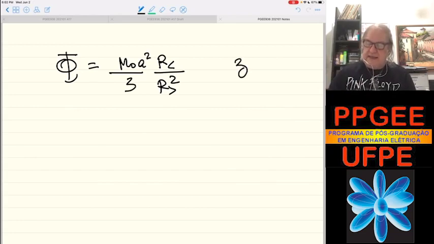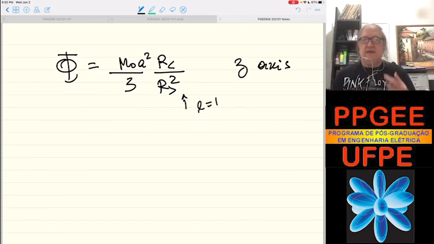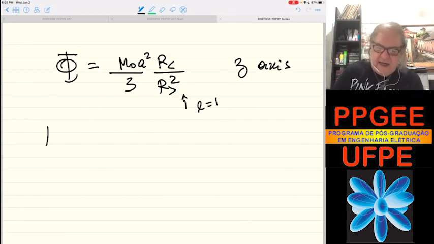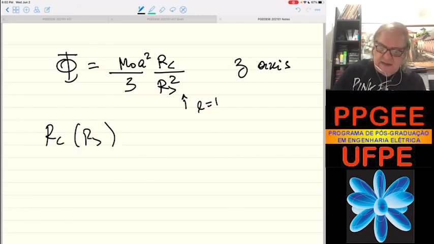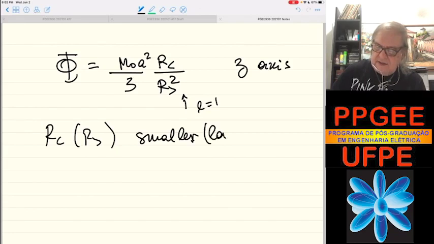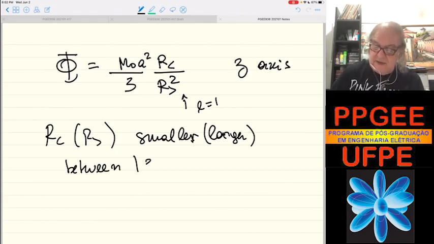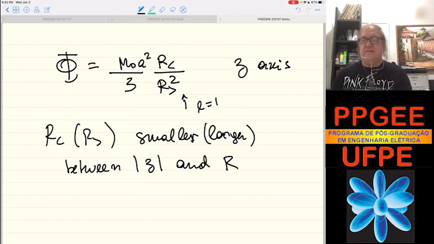So that's on the z-axis. So the solution anywhere, this is the L equals 1 term, right? So it's an expansion with a single term on the z-axis. You see that r smaller, r larger is the smaller or larger between, in this case, the magnitude of z and a.